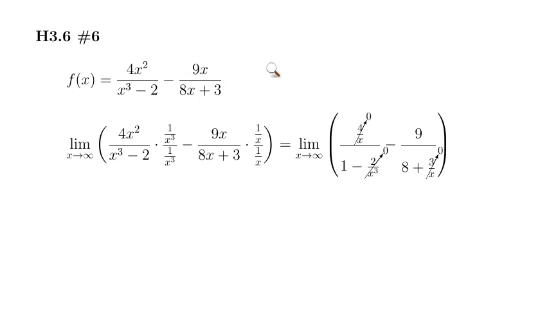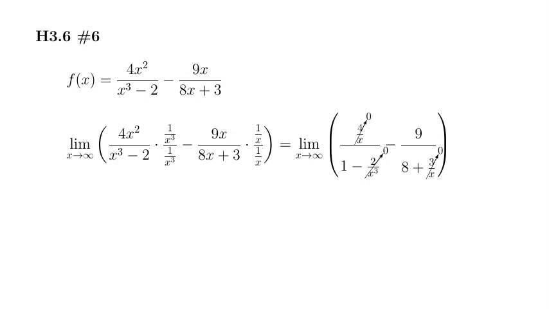From there, we can see that the first fraction is 0 over 1 minus 0, which is a long way of saying 0, minus 9 over 8, so this is equal to negative 9 over 8.